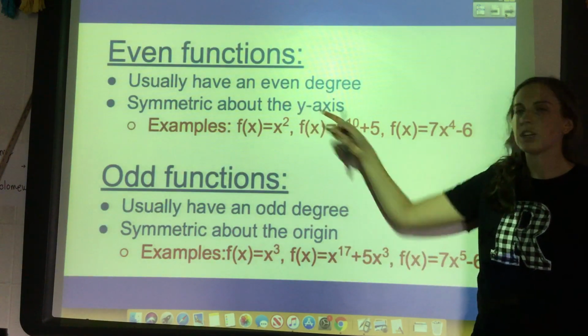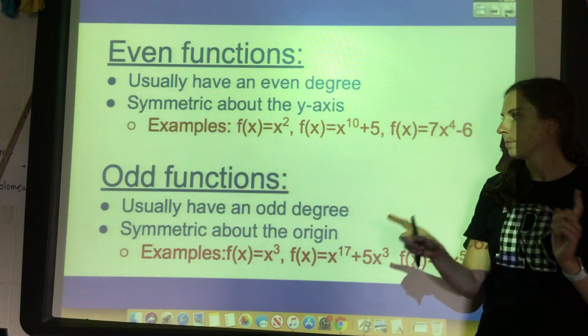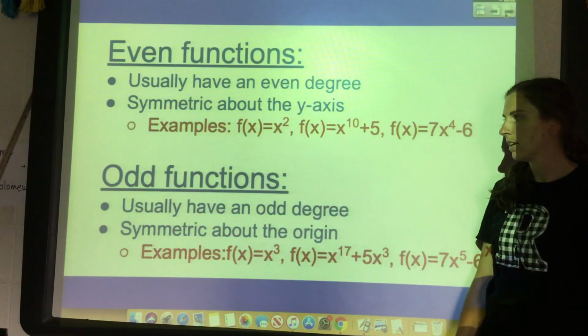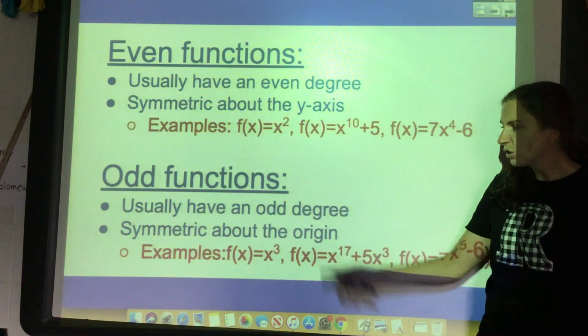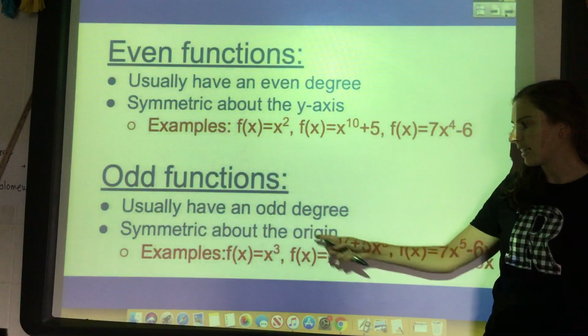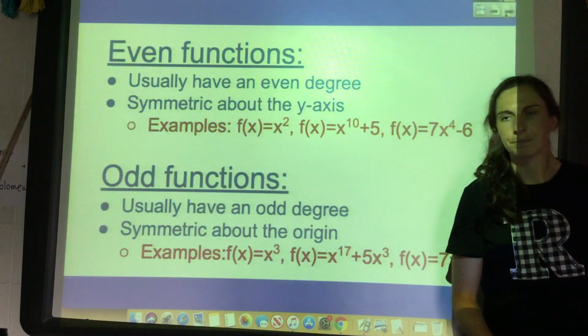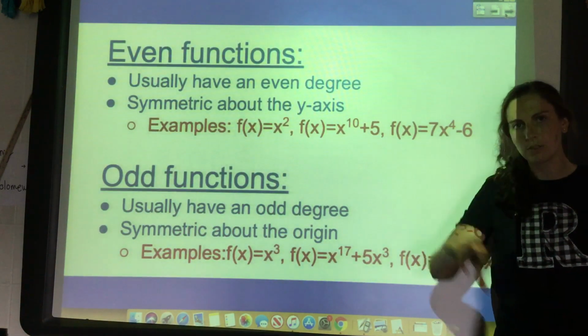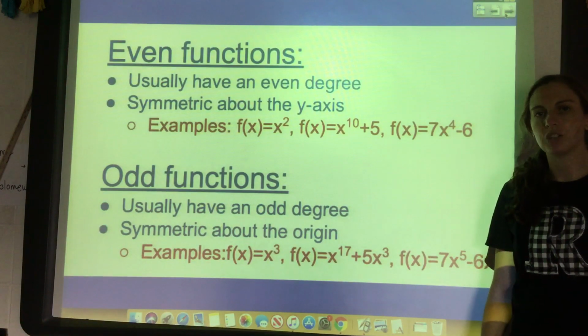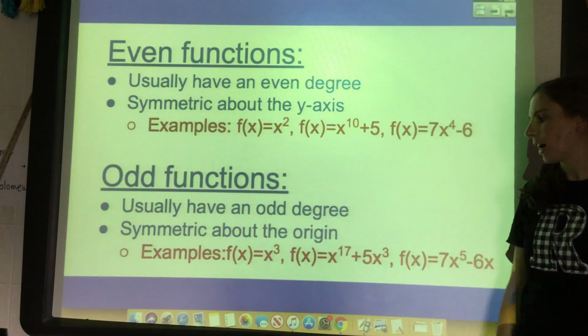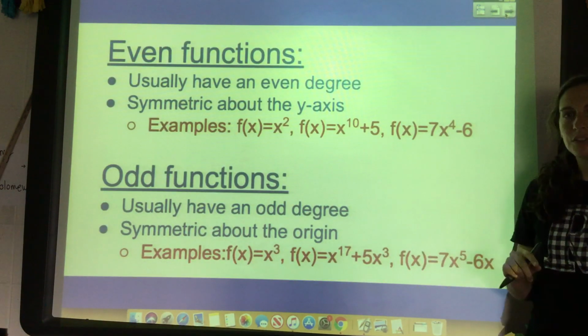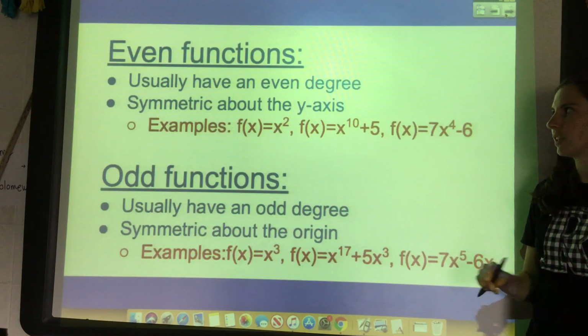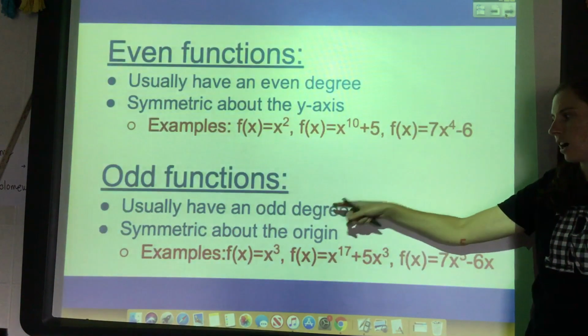And they are symmetric about the y-axis, so you can flip it over the y-axis. Odd functions usually have an odd degree, not always, and they are symmetric about the origin. Meaning you could rotate it 180 degrees around the origin and get the same graph. These are a few examples, but there are more. So they don't always have an even degree or an odd degree.